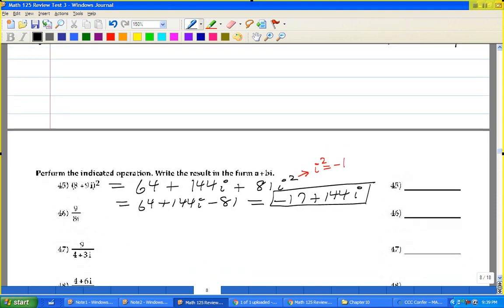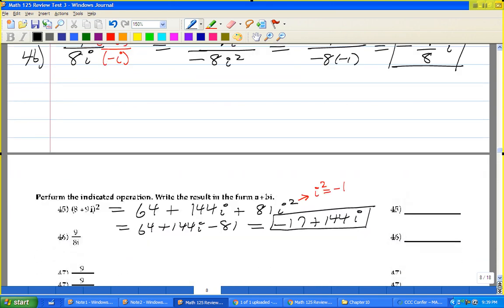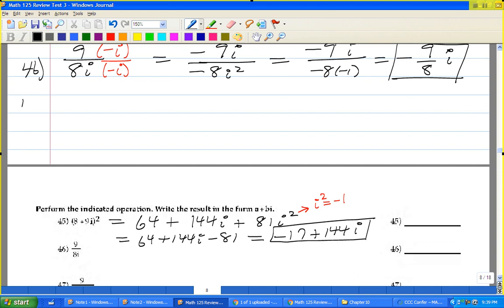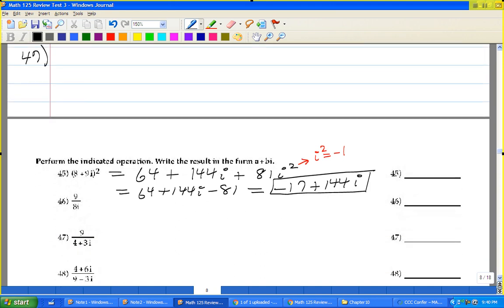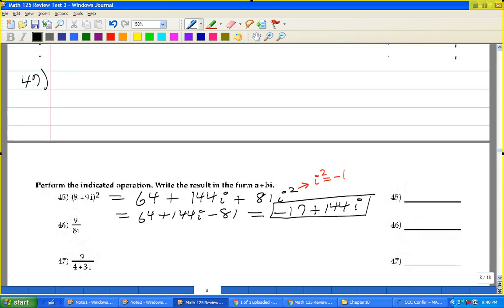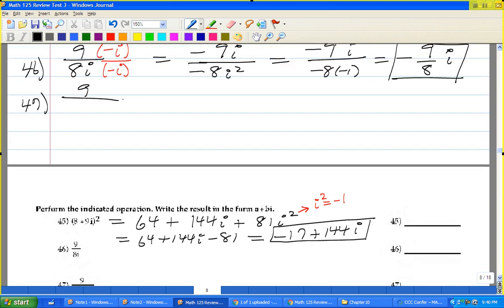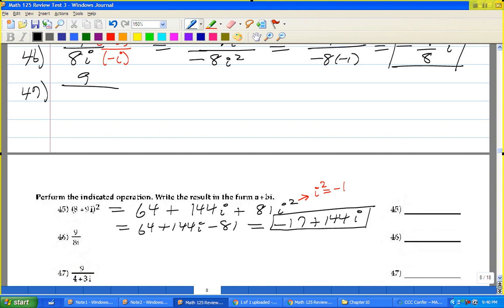Let me do problem number 47. Maybe I'll put it up here. 47. 9 over 4 plus 3i. So let's multiply and divide by the conjugate of the denominator, 4 minus 3i.